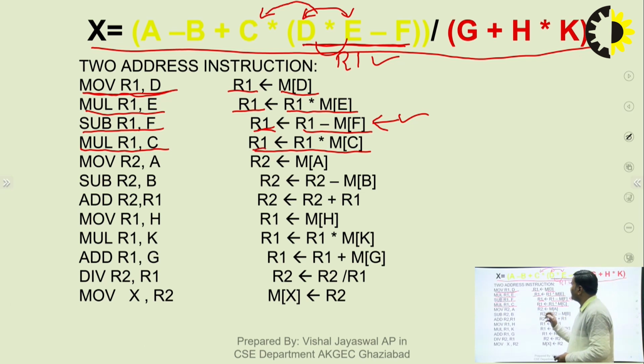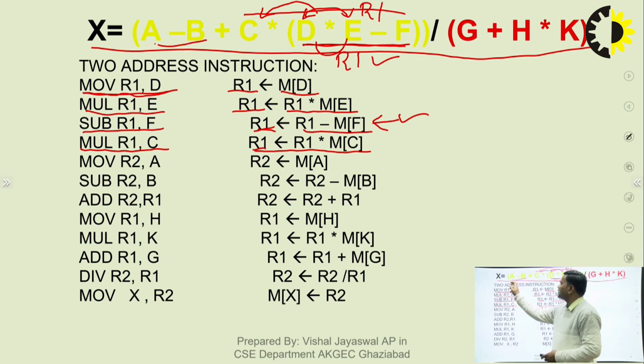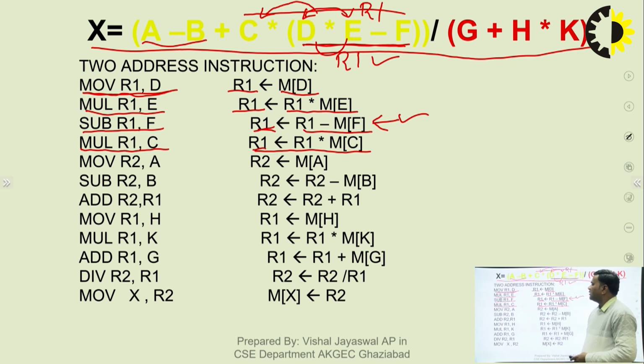So this whole content is in the R1 register. After that we are going to solve this portion. For solving this portion we first have to fetch A from the memory, then perform the operation.